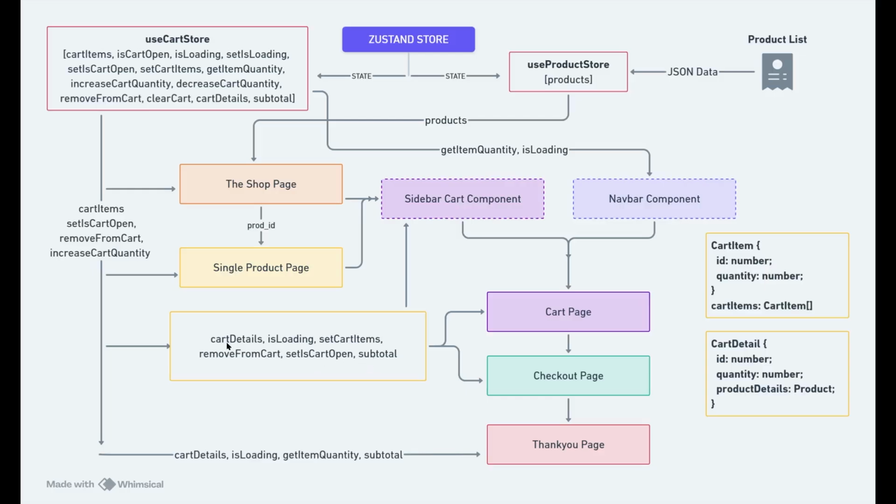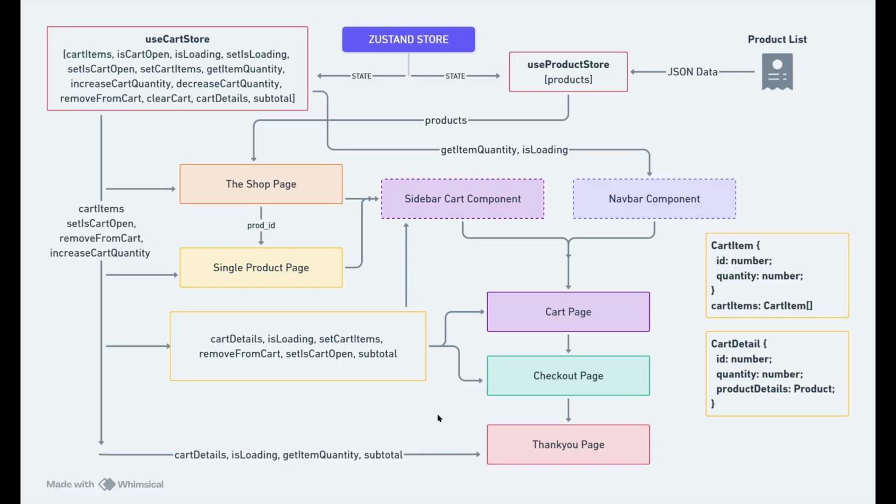One thing to notice is that cartDetails is a bigger object than cartItem. It has not only the ID and the quantity, but also the product details, which helps our sidebar cart, cart page, and checkout show the details of the product that's being added.